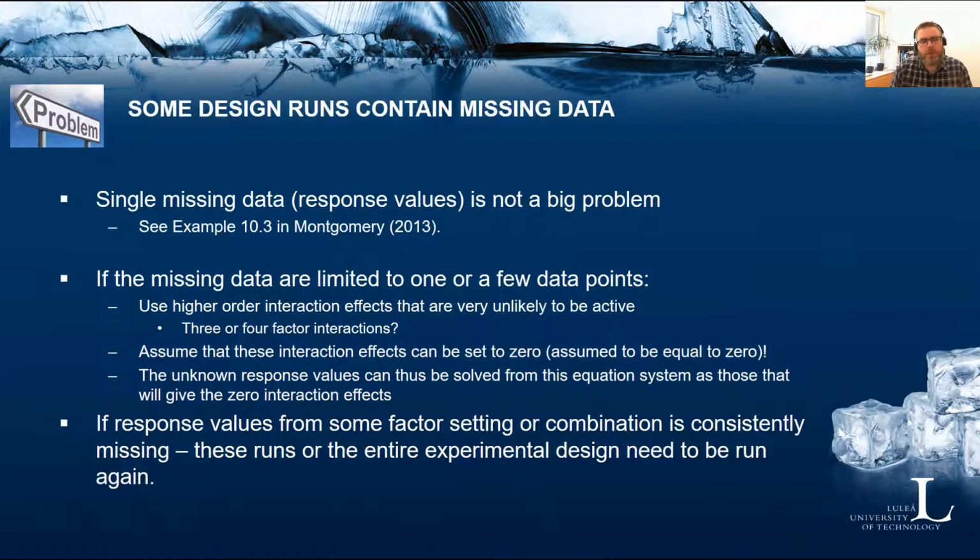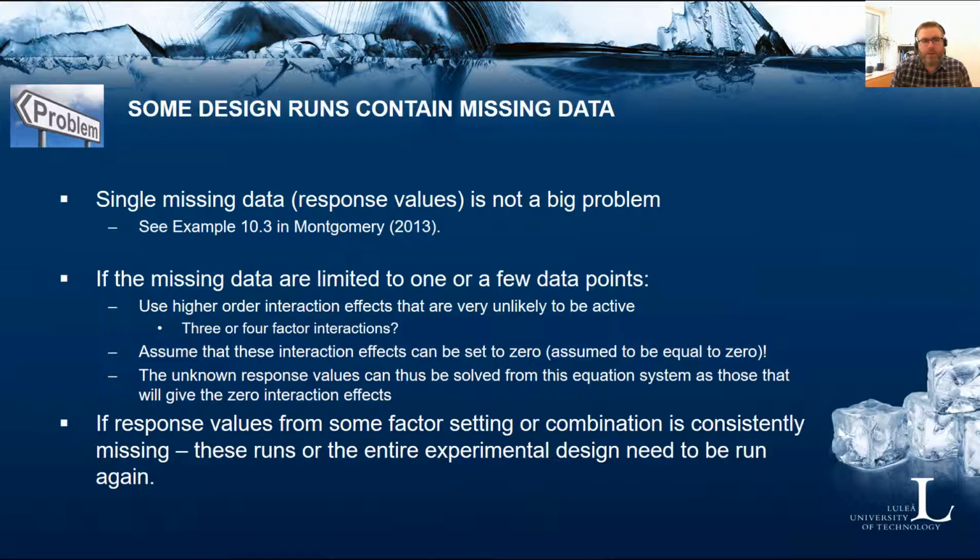Also, if the missing data are limited to one or a few data points, and we have such a big design that we have potential higher order interaction effects that are unlikely to be active, so if we have 3 or 4 factor interactions, we can, at least without too much risk, assume that these effects are insignificant and should be zero.